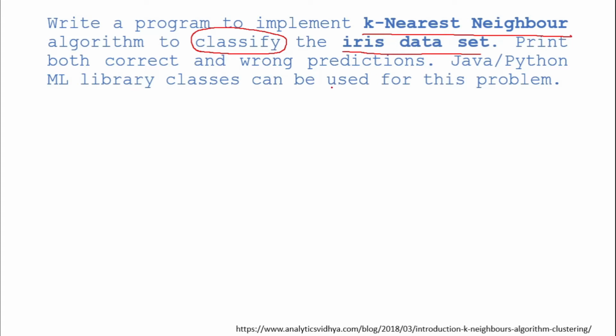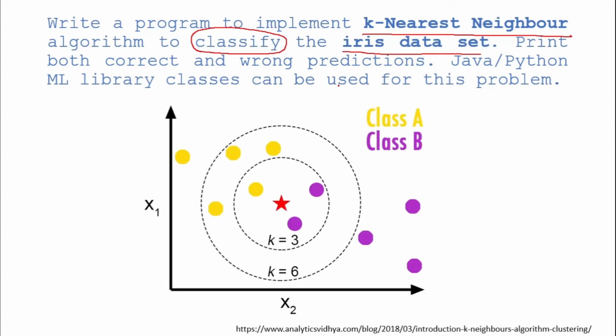Now let's look at what the KNN algorithm is, briefly. So we have a few data points. Data points 1, 2, 3, 4, 5 all belong to one category, that is the yellow category or class A, and 1, 2, 3, 4, 5.